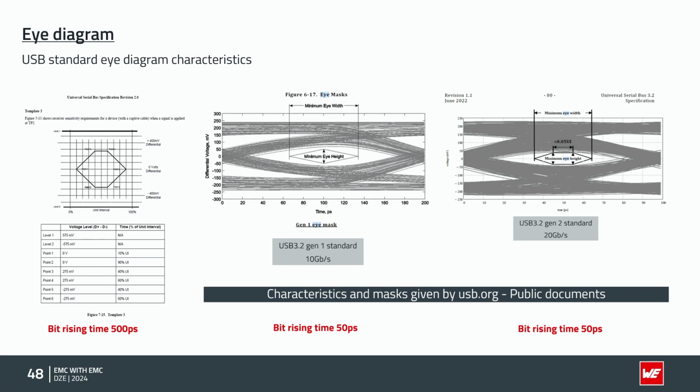USB 2.0, rise time of 500 picoseconds. USB 3.2 Gen 1 and Gen 2 already has a rise time of 50 picoseconds. If you increase the rise time, you will increase the challenges you will see. Yeah? But sometimes it's necessary because the signal speed is also going to increase.